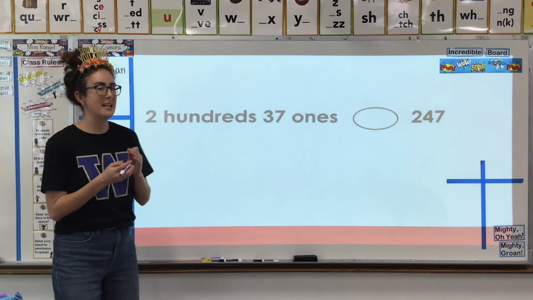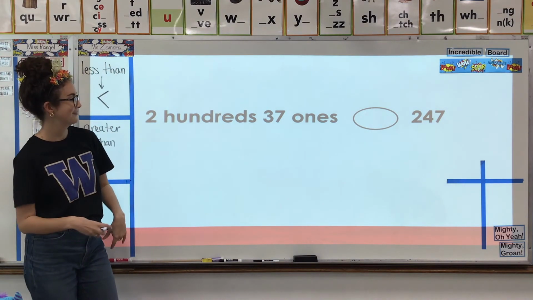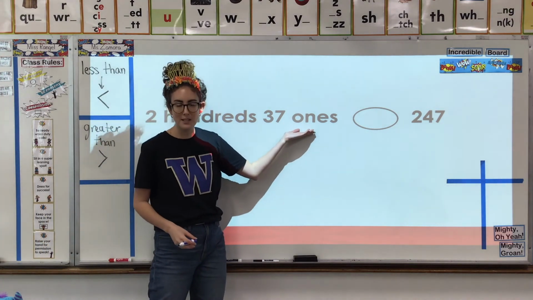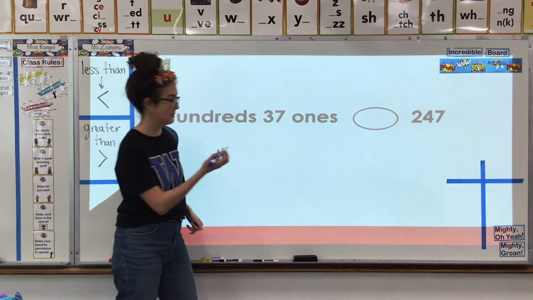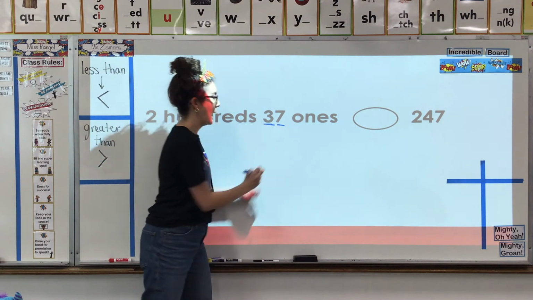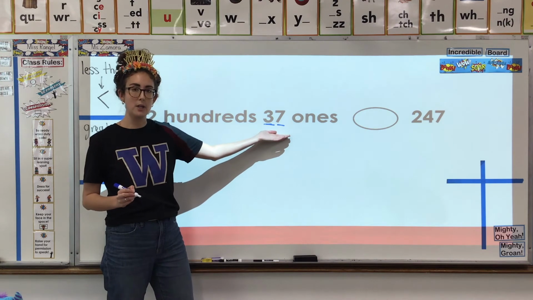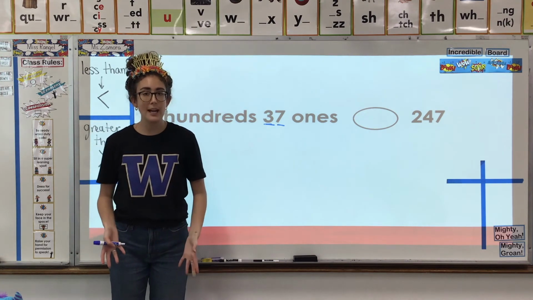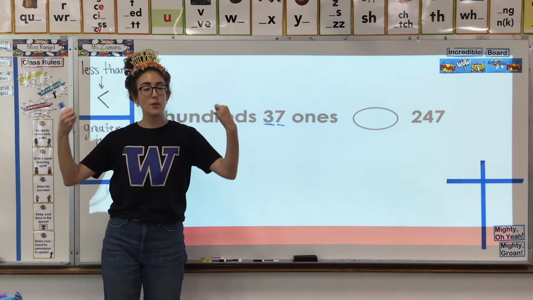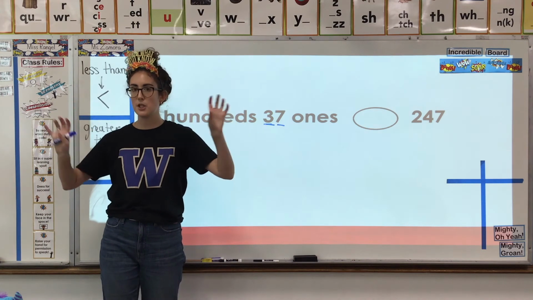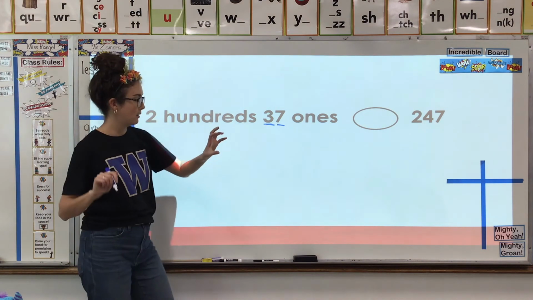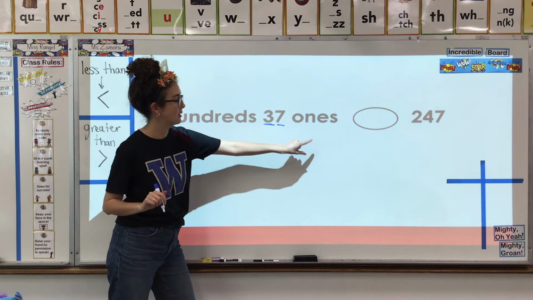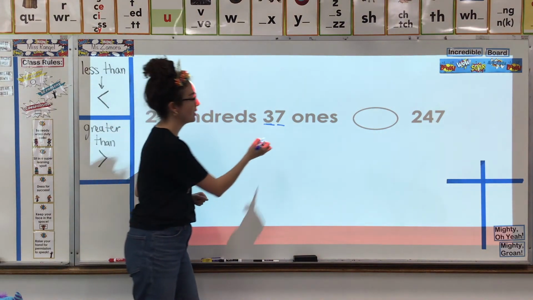Which unit do we need to bundle? Our ones, of course. There's 37 of them. So second grade, based off place value, can you use the strategy of breaking 37 ones into 2 groups? How would this help us? Can you do that on your whiteboard?